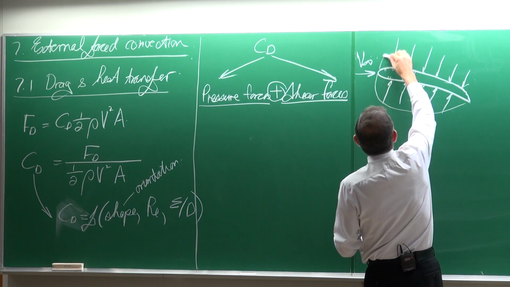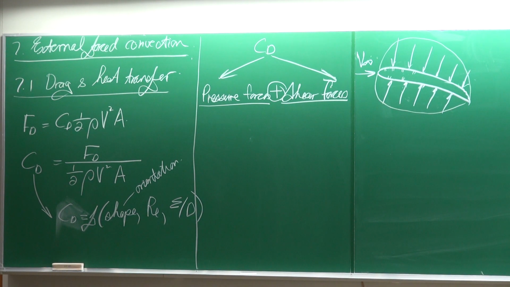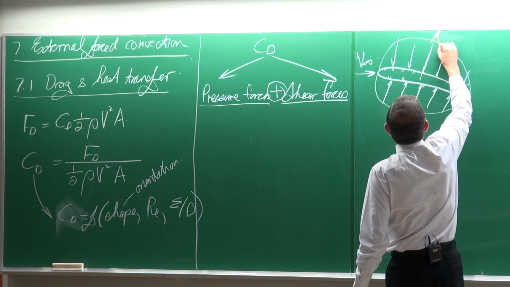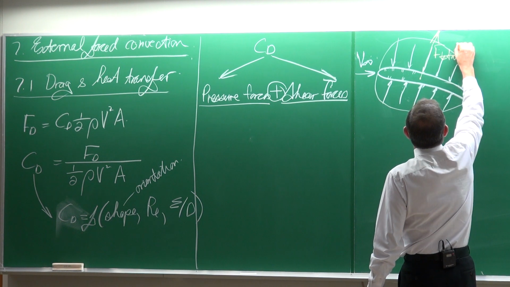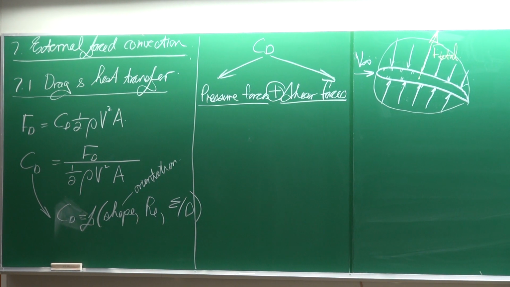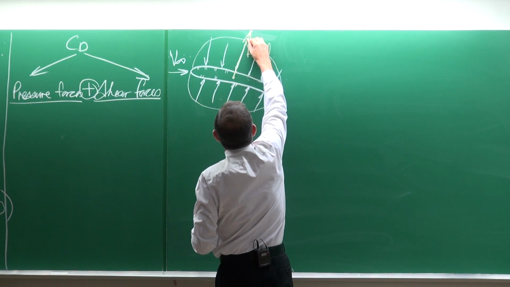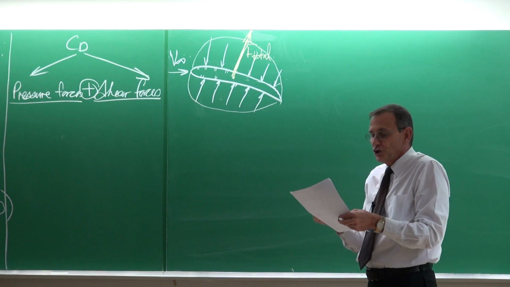So schematically, we can look at all those pressure forces, and you can determine the total force, F total, on that aeroplane wing. However, it has two components.